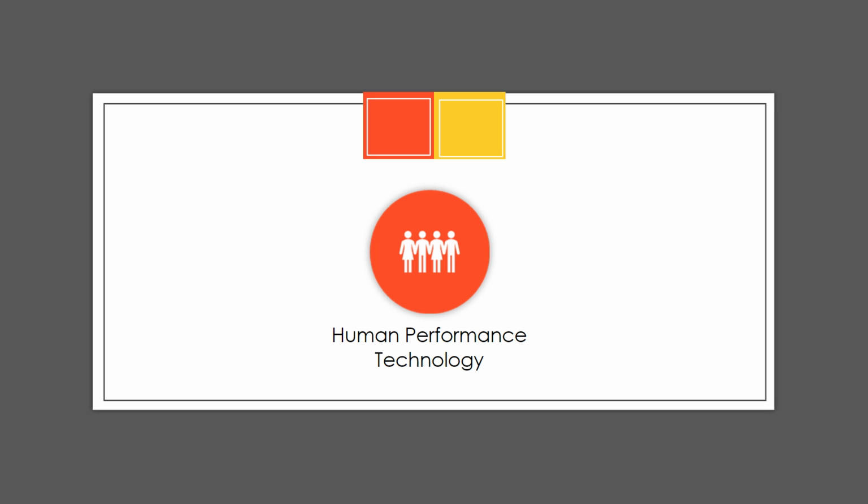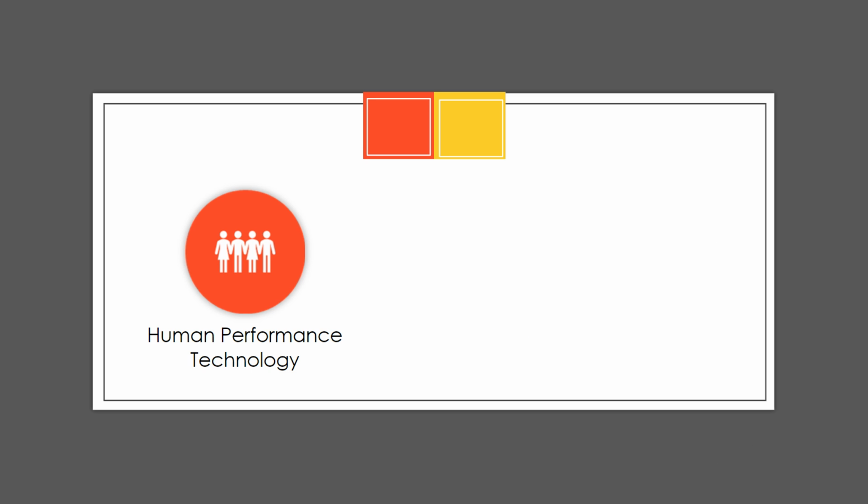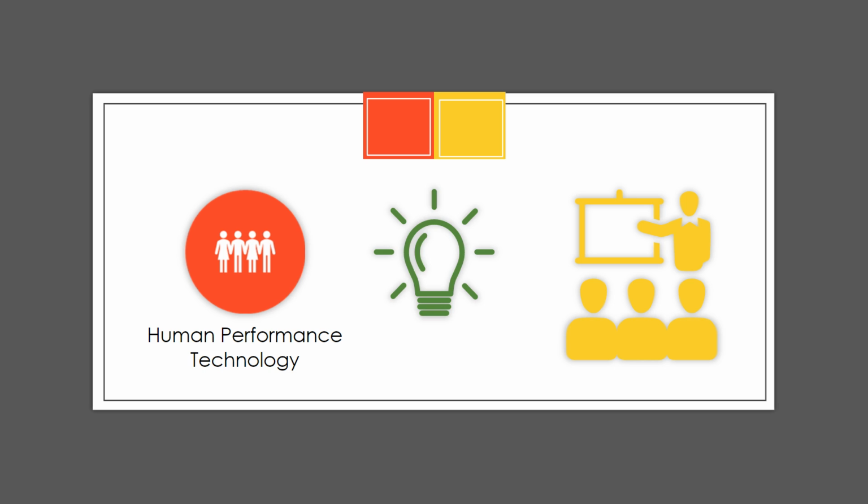As the use of human performance technology increases in the field of education, a transformation of the learning environment features non-traditional teaching methods, or data transfer, and instruments, technology instead of textbooks. Practitioners of human performance technology and teachers working in the traditional classroom alike benefit from increasing their understanding of both processes.